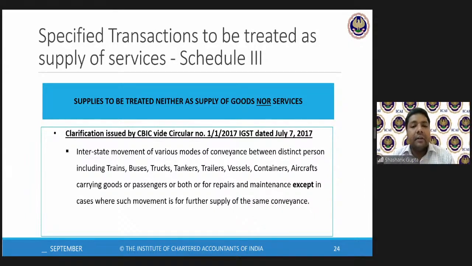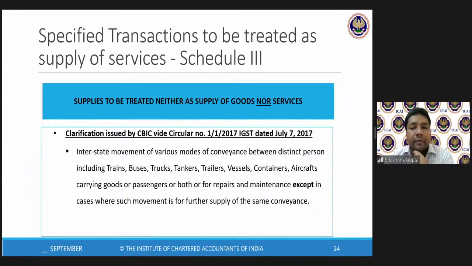It says, interstate movement of various modes of conveyance between distinct persons, including train, buses, trucks, trailers, tankers, vessels, containers, and even aircrafts carrying goods or passengers or both, or for repairs and maintenance.